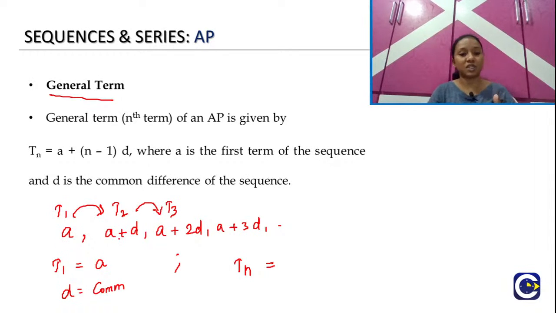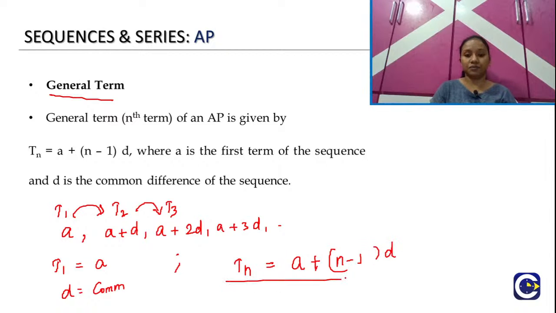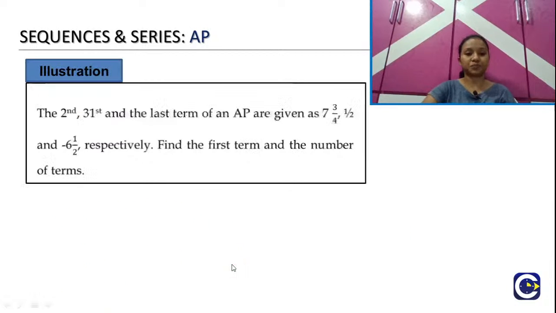Here A plus D, and the next will be plus D, and the next will be again plus D, which means it follows a pattern from where we can determine the formula for the nth term of the arithmetic progression, which is also called the general term as well as the last term. So let's represent the general term here, that is Tn, which is equal to A plus n minus 1 times D. This will be our general term as well as the last term of the arithmetic progression here.